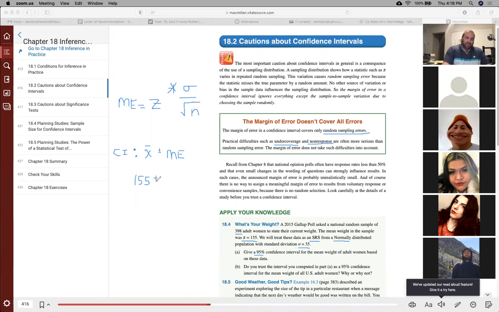Plus or minus. We'll skip Z star for a second because the other parts are easier. What's sigma? 35. They gave me that. What's N? 398.